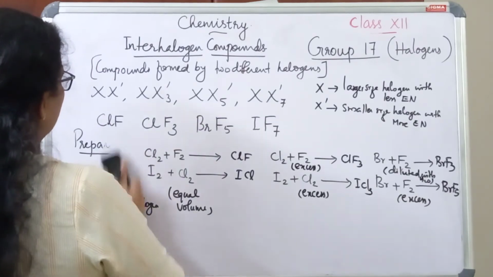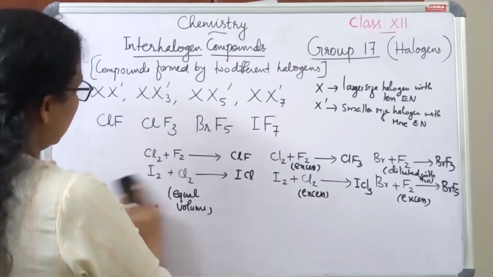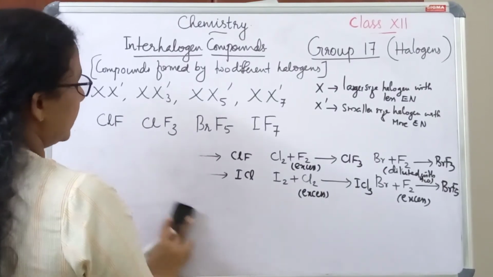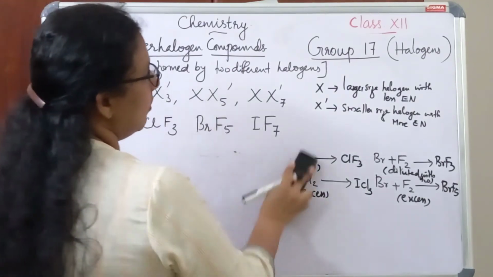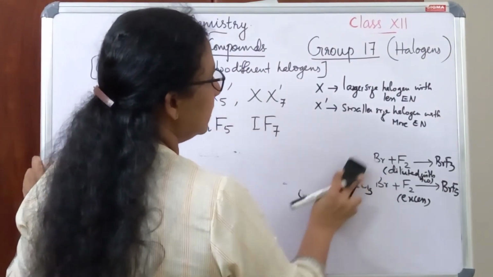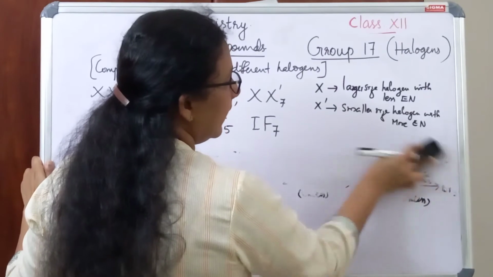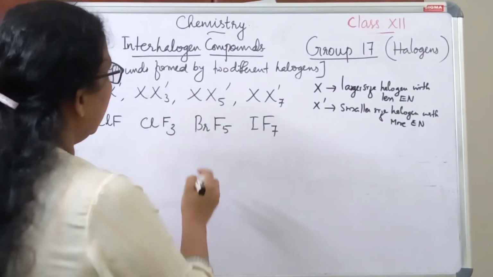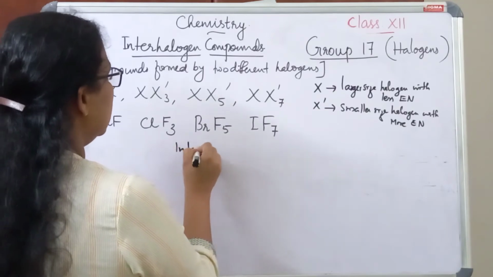So in the case of interhalogen compounds, they are all covalent in nature. So all interhalogen compounds are covalent in nature and they are diamagnetic also.